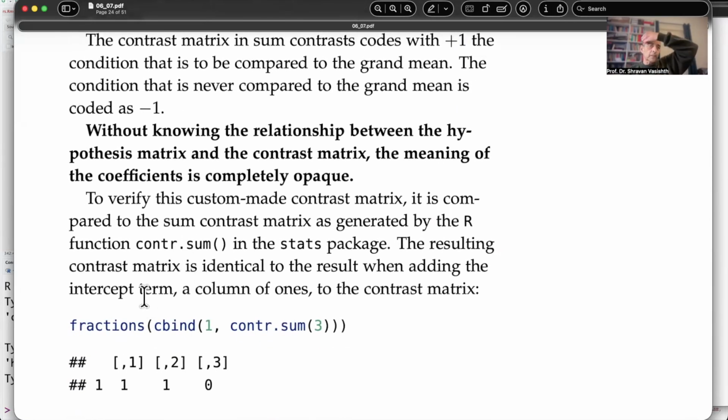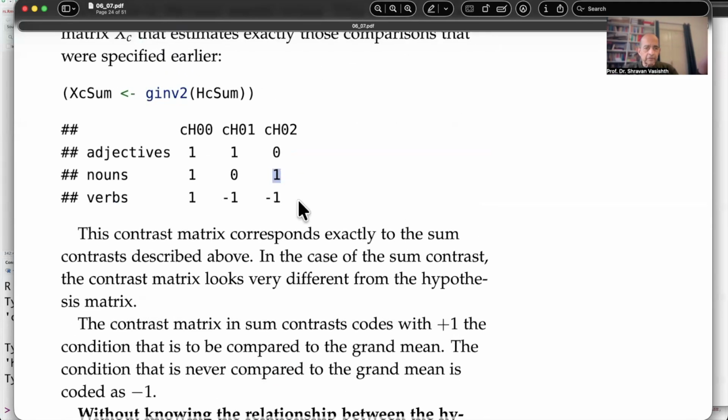So now the interesting insight here is that if you don't know what the hypothesis matrix is, then you can't tell by just looking at the contrast matrix. If I asked you out of the blue what these comparisons are, what do they mean, you may not be able to tell me.